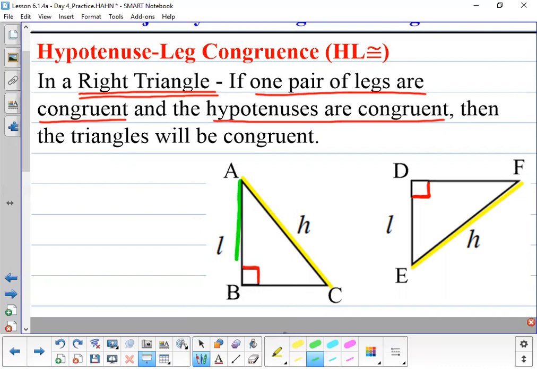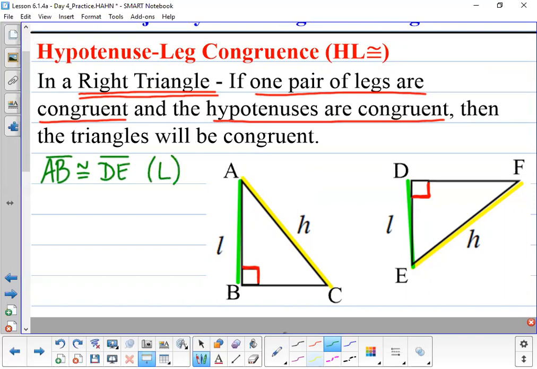And then here I have one of my legs is congruent to one of the legs here because they both have the variable L. So I can say that side length AB is congruent to side length DE because they have the same variable. That is a leg this time. Instead of just calling it a side, it's more specific, it's a leg. And I have AC is congruent to EF, and that is my hypotenuse.